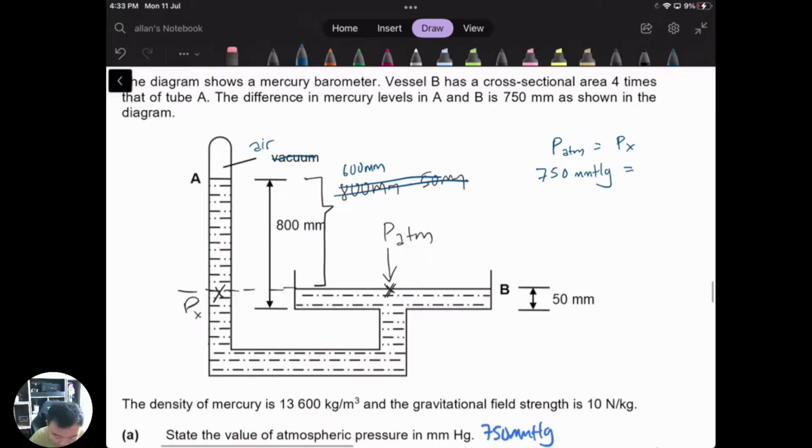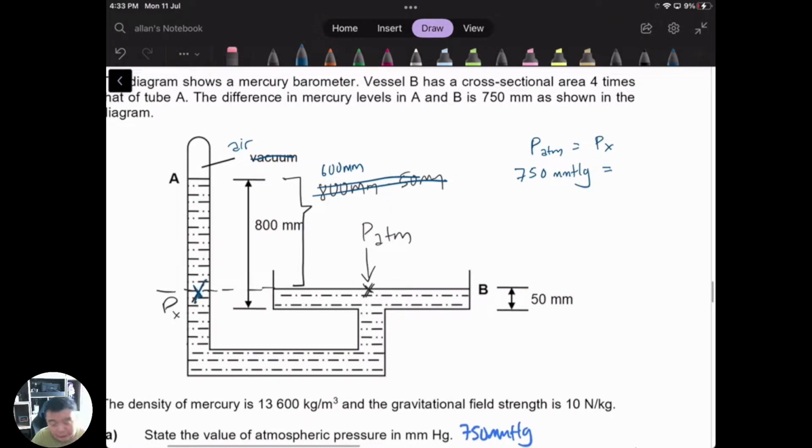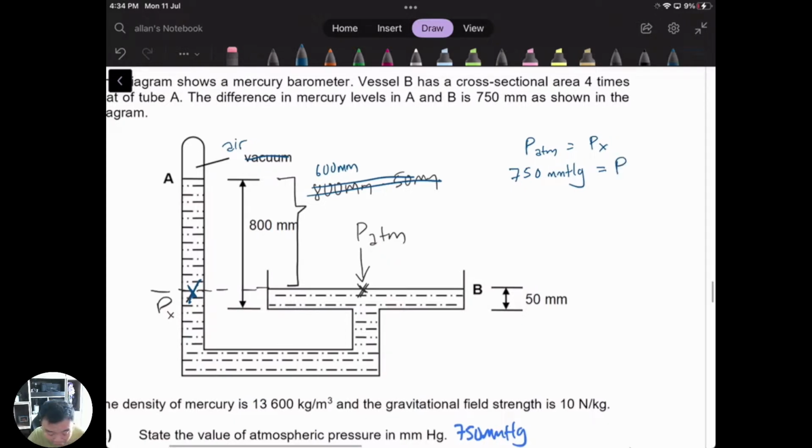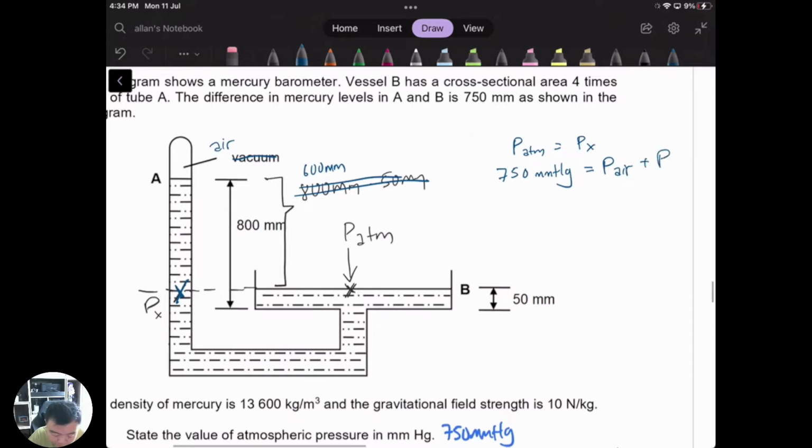And pressure X now at this point, again, is due to pressure of everything on top of it pushing down at point X. So this means now instead of the pressure of the vacuum, we have pressure of air plus the pressure of mercury.